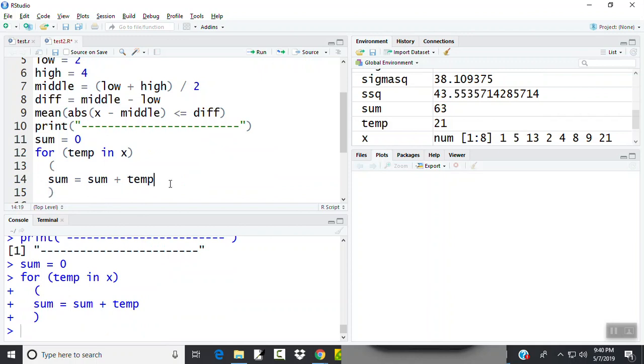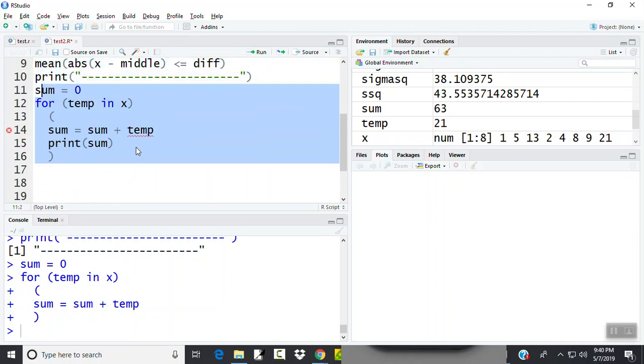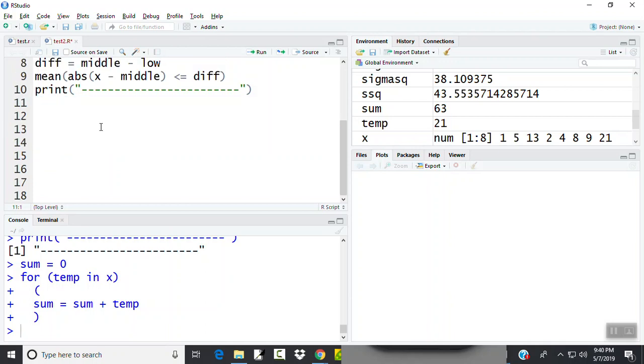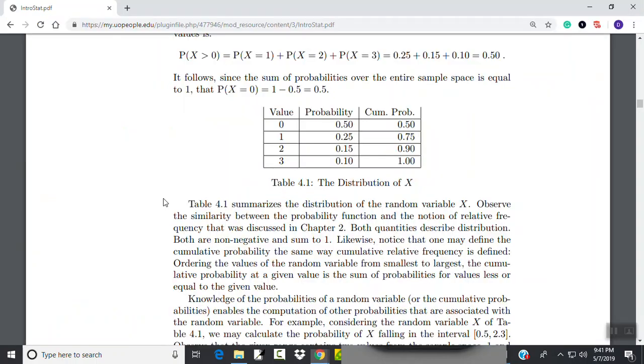Oh, it helps to actually do something. Print sum. Yep, doesn't like that. Expected comma after expression. Okay, well, never mind that. Obviously, I don't remember how to do the standard for loop. That's not the way R is designed. R is meant to work with data sets, not to go through it individually.